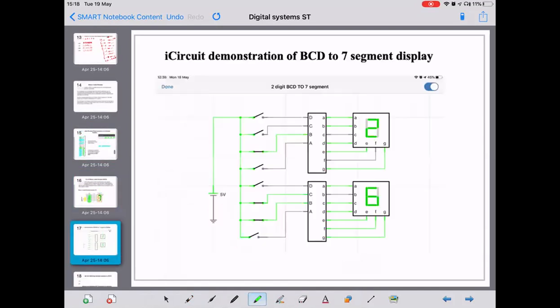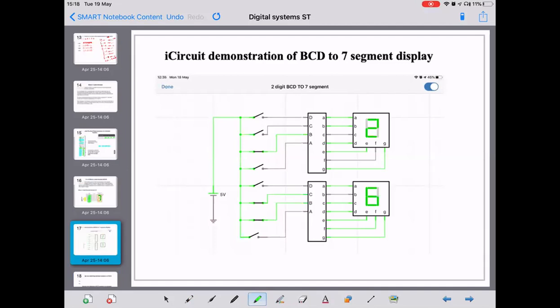So what I'm going to show you now, I'll put this diagram in the notes, but I've got a little circuit simulation on the iPad that can just show how these 7-segment displays work.